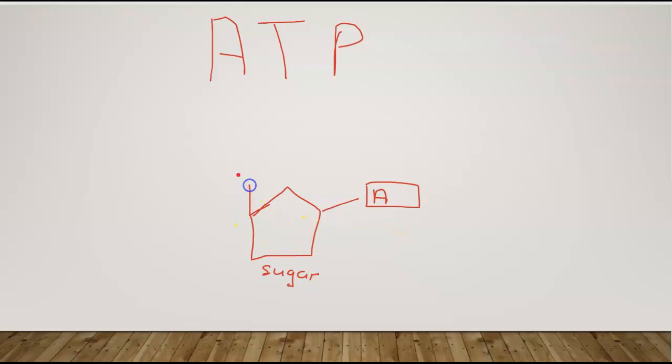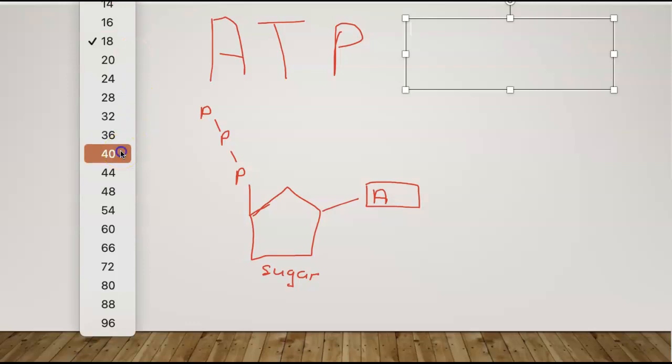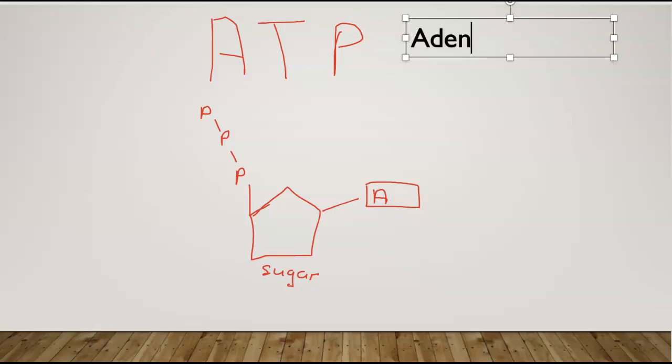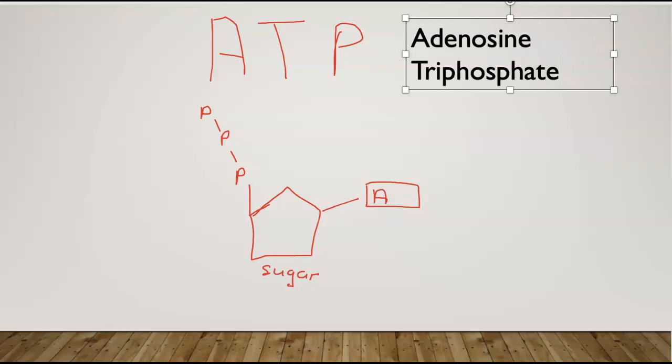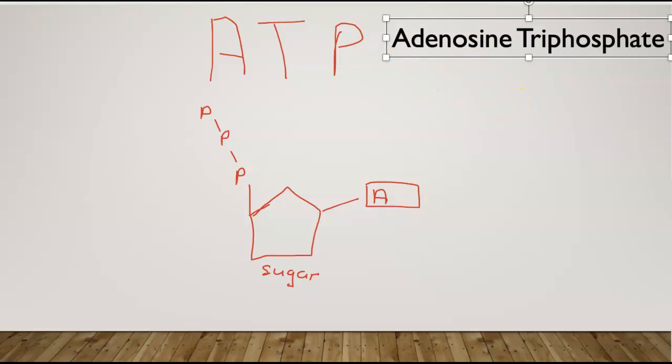And then those chimneys, I want you to stack 3 chimneys up. All right, you got 3 chimneys there? Let me make this really big. Okay, adenosine triphosphate, ATP. This is the energy currency all life uses.